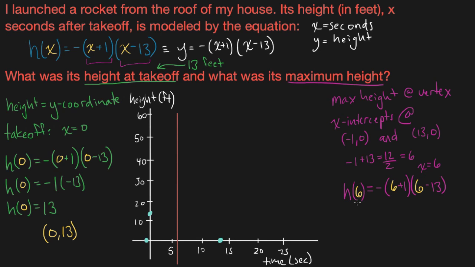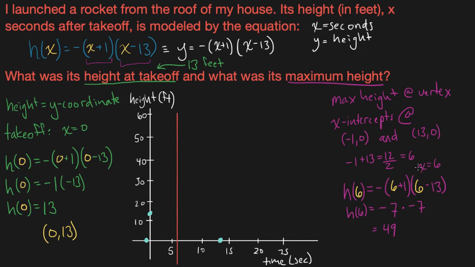So I can just simplify here. So we have h of 6 is equal to, let's see, negative 6 plus 1 is 7. So negative 7 times 6 subtract 13 is negative 7. So times negative 7. And negative 7 times negative 7 is equal to 49.